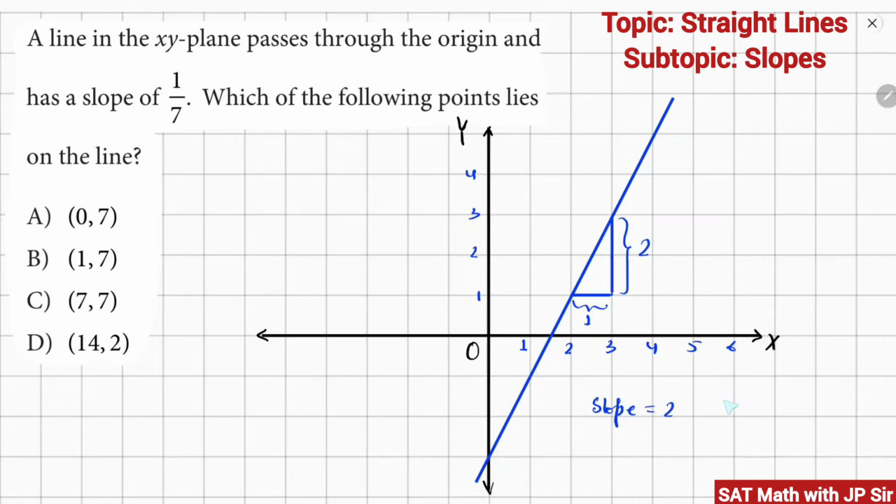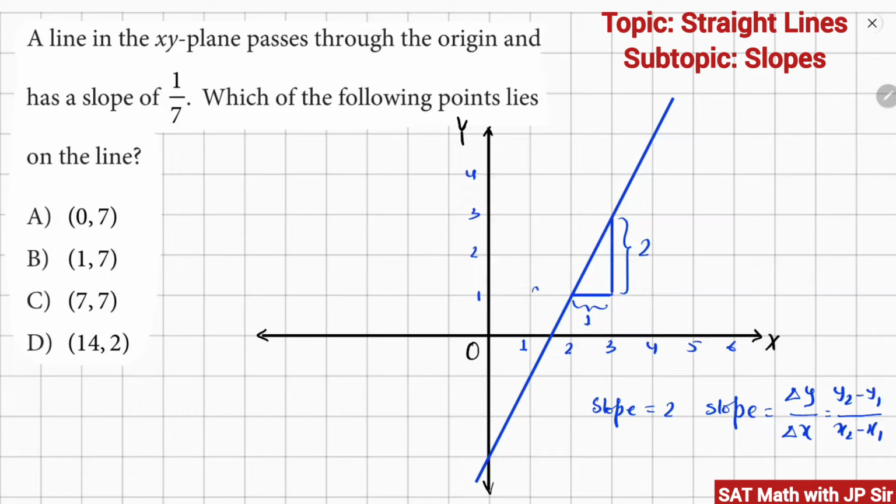So basically slope means change in y divided by change in x. If change in x-axis is 1, then change in y-axis is called slope. Or simply we can write it as change in y-axis upon change in x-axis, or y2 minus y1 over x2 minus x1.